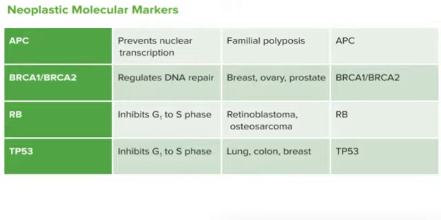Next, we have BRCA1 and BRCA2. BRCA, breast cancer. Not only could it be breast, it could also be the ovary. Both will be involved. 1 and 2. RB, retinoblastoma. This is a normal tumor suppressor gene that monitors and supervises the quality of the cell as it goes from G1 to S phase.